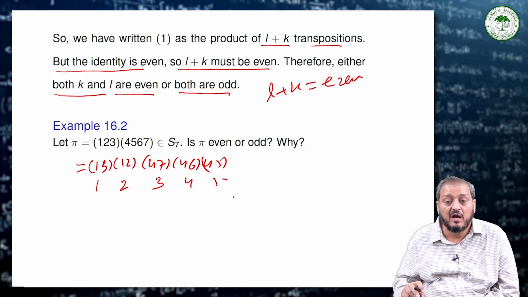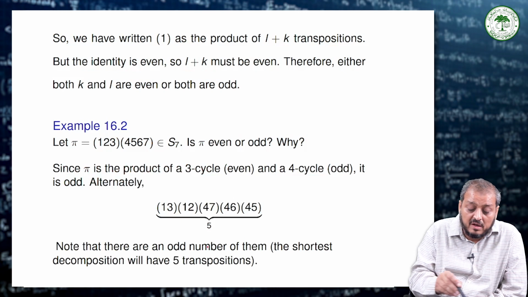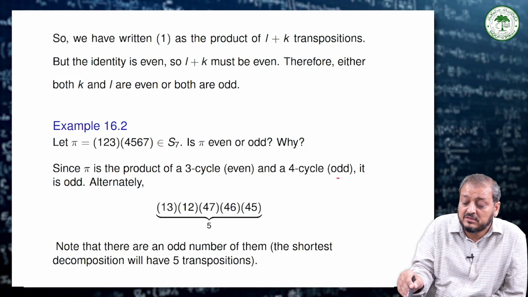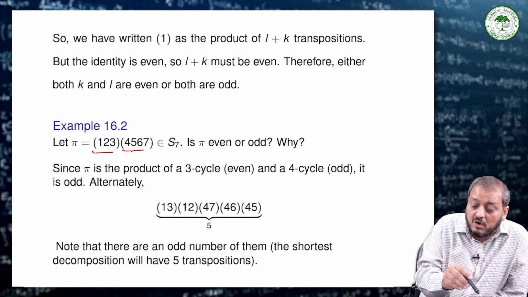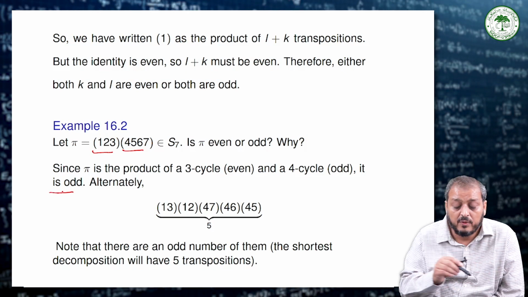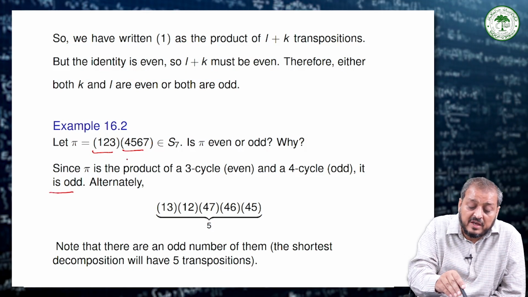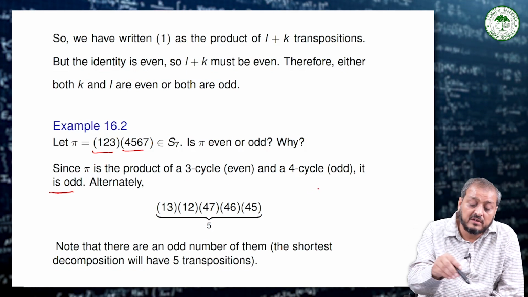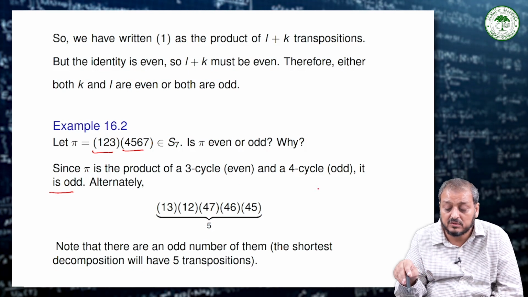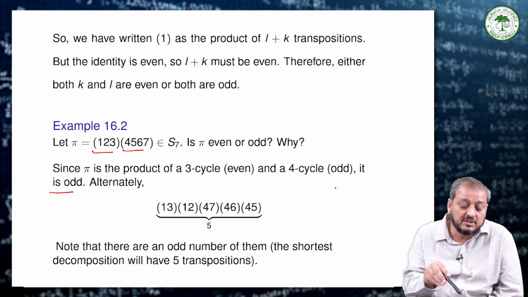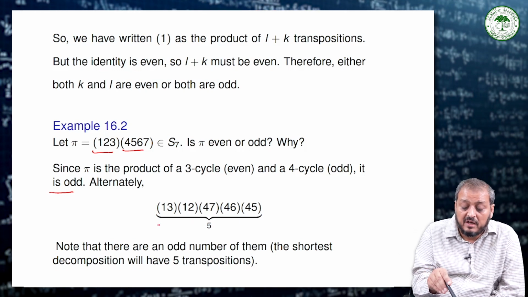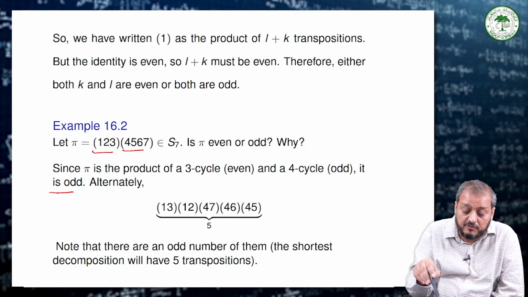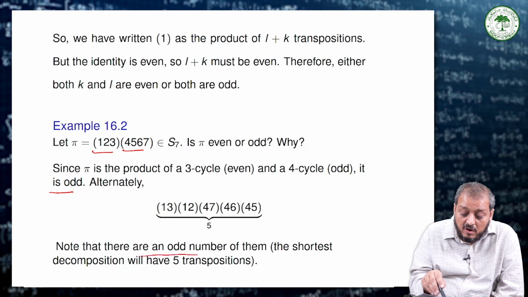So we can say that the permutation pi is a product of a 3-cycle, which is even, and a 4-cycle, which is odd. So this is an even cycle and this is an odd cycle, and the product is odd. If we have a 3-cycle that is even and a 4-cycle that is odd, then the product is even plus odd, which is odd. Alternatively, this is written as an odd number of transpositions.